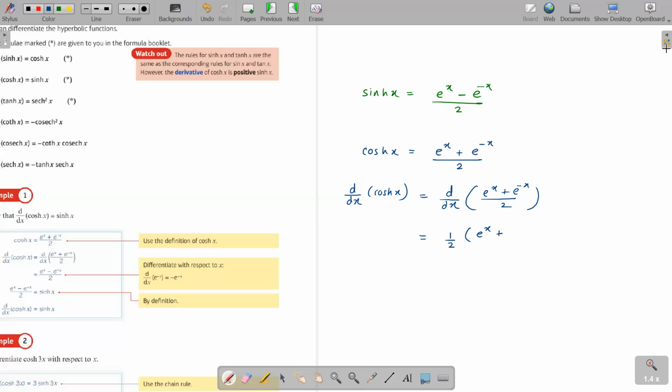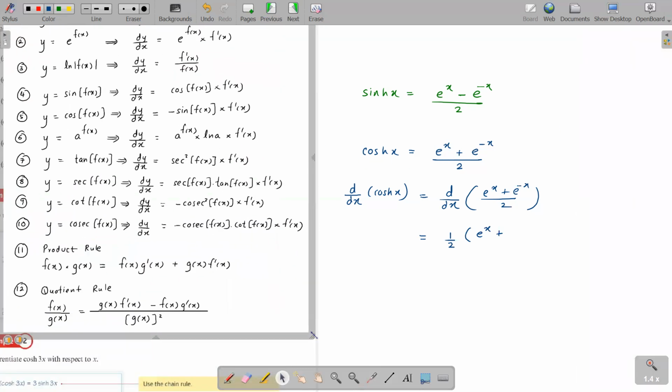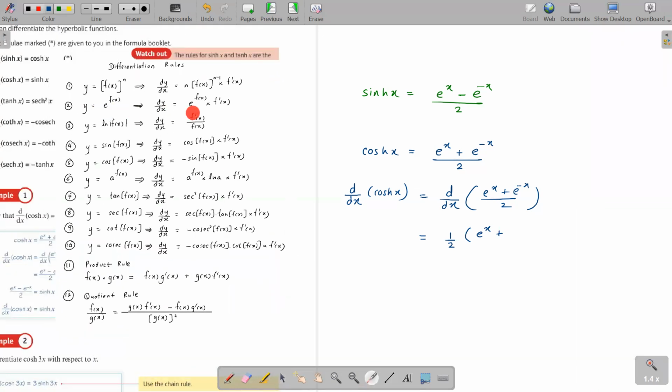These are the differentiation rules we learned in P3, right? Here the differentiation of e^f(x), the second rule, is e^f(x) into f dash x. These are the general rules I have given. So for e^minus x, the f(x) is minus x, which means e^minus x into the differentiation of that power. The differentiation of minus x is minus 1. Is that okay? So I can put the half inside: e^x gives me e^x over 2, and this gives me minus e^minus x over 2.